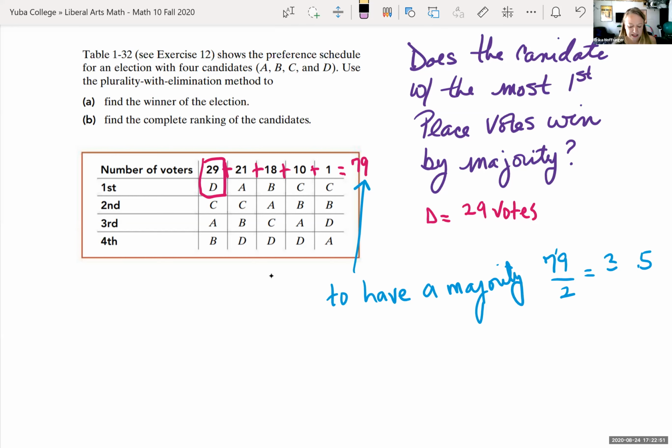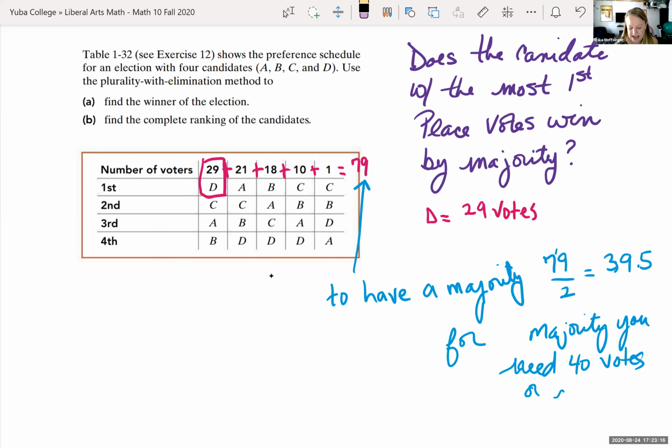And so majority has to have 40 votes or more. And we saw that candidate D only got 29 of those votes.